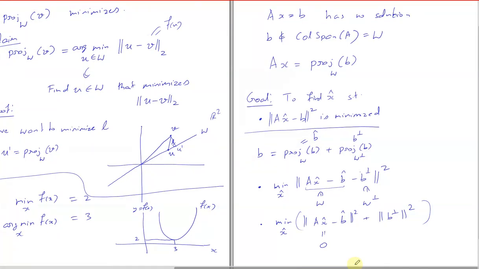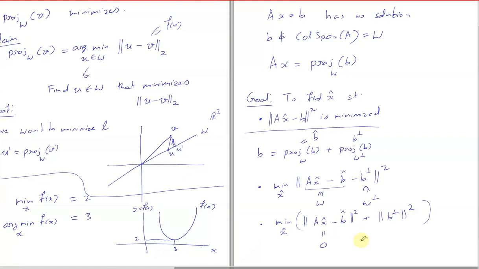It is 0 if and only if Ax hat minus B hat is equal to 0. That happens if and only if x hat is a solution of Ax hat equal to B hat. So we just need to solve Ax hat equal to B hat and then we are done.